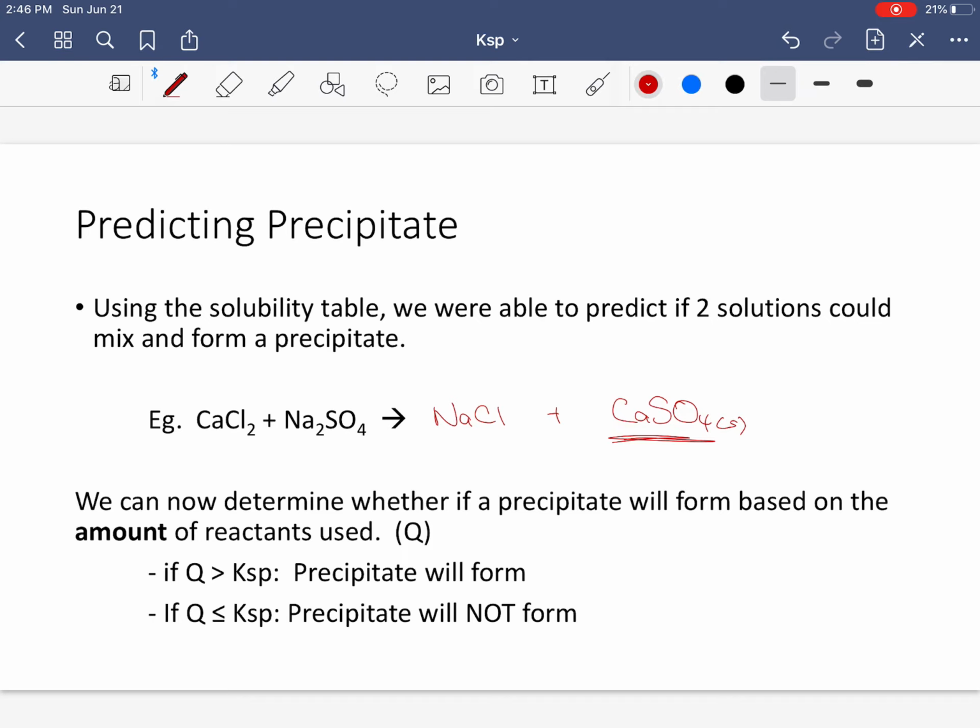What happens if you're given very, very little amount of this, and you're given a lot of these? Lots. Less. So a very, very little of calcium chloride, a lot of sodium sulfate. Are you still going to get precipitate?